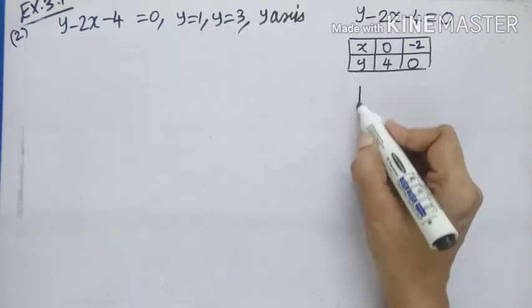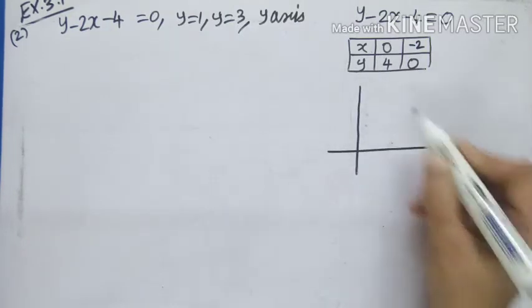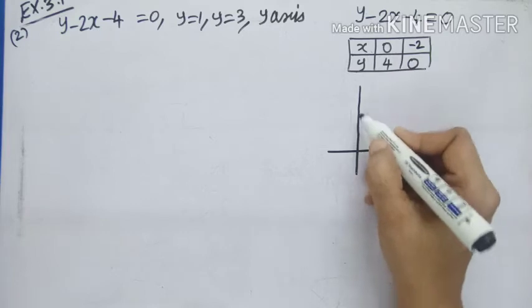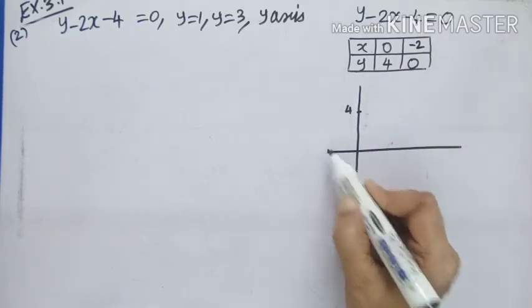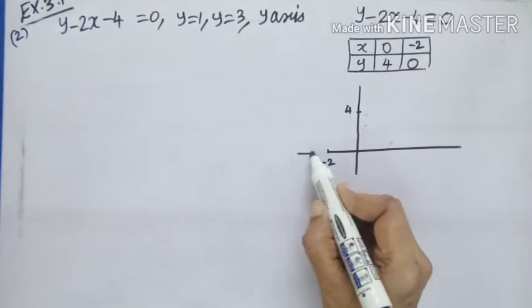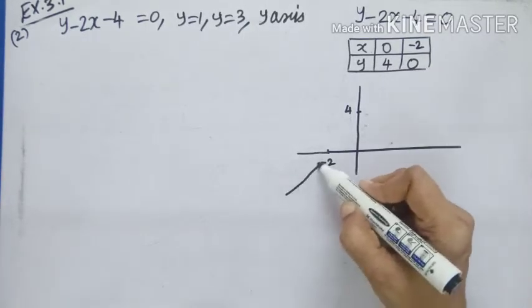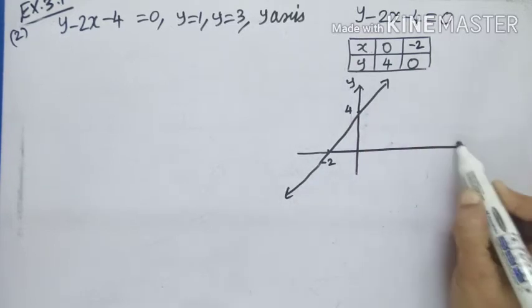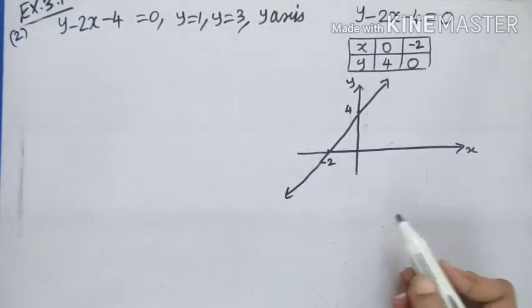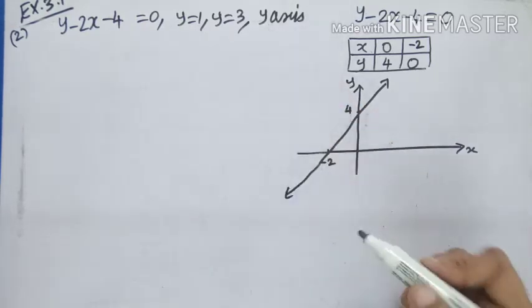So we have the 2 points: 0, 4 somewhere here, and minus 2, 0 somewhere here. So I can extend the line this way. Just a rough diagram to identify whether it is to the right or left of the y-axis.